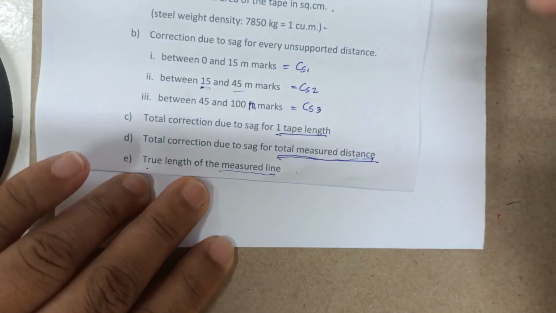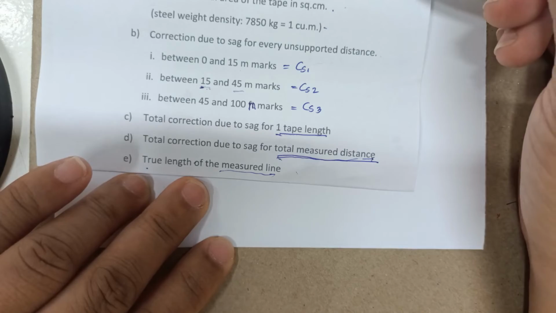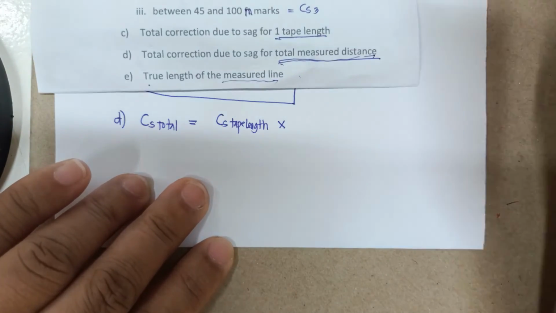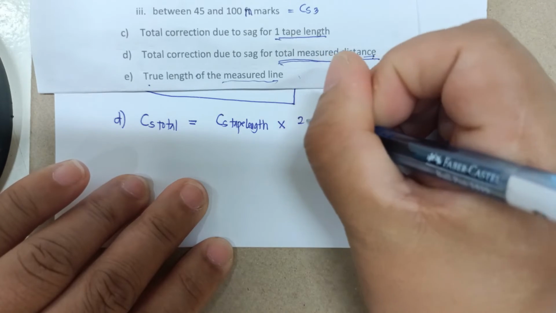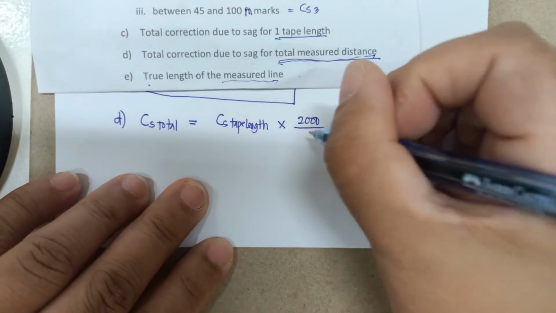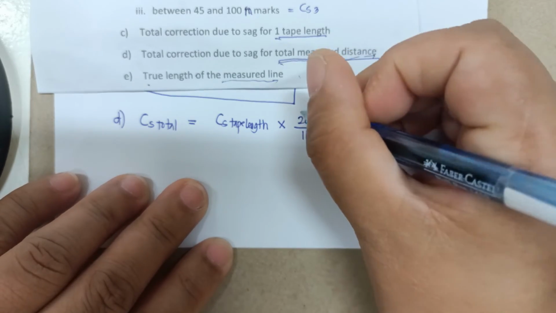Of course, that is the total distance, which is 2000, divided by the nominal tape length, which is equal to 100.